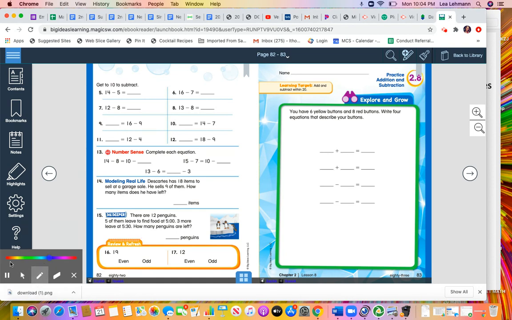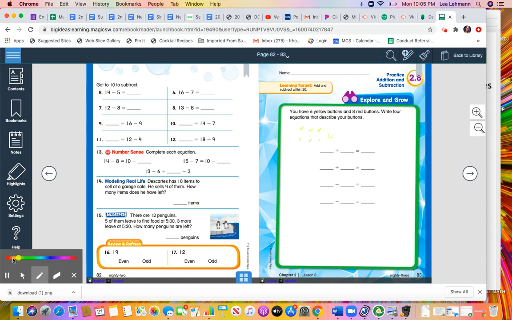Okay, so I'm going to make 6 yellow buttons. Okay, that's 6.